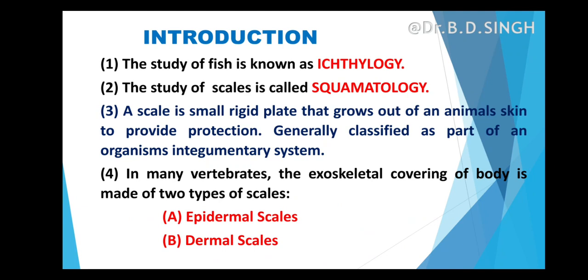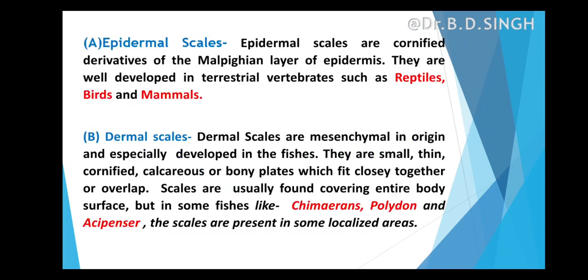In many vertebrates, the exoskeleton and covering of the body is made up of two types of scales, epidermal scales and dermal scales. A. Epidermal scales are cornified derivatives of the Malpighian layer of epidermis. They are well developed in terrestrial vertebrates such as reptiles, birds, and mammals.